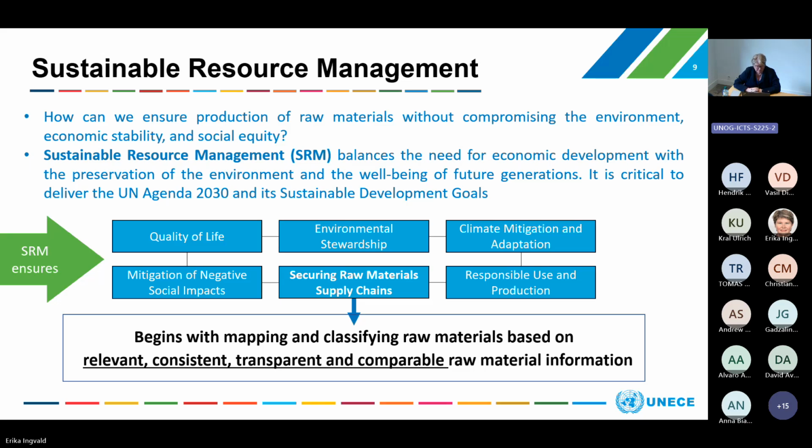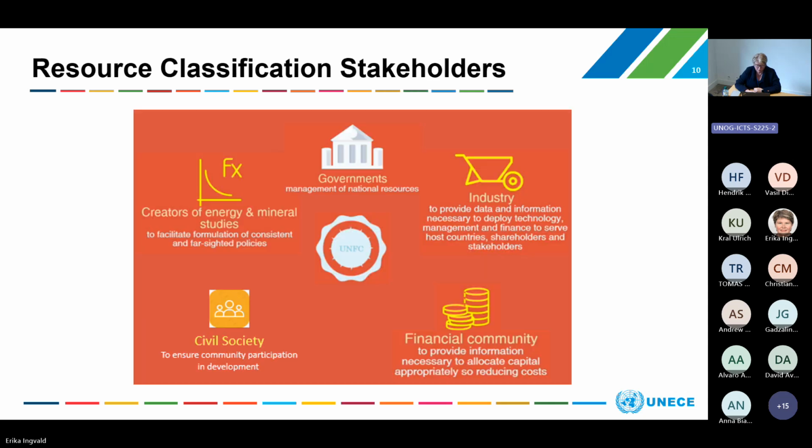And to be able to sustainably manage our resources, we need, of course, a lot of knowledge and structured knowledge. And this is where classifying raw materials comes in, and UNFC is what this is about, so that we can have relevant, consistent, transparent, and comparable information for all different stakeholders.